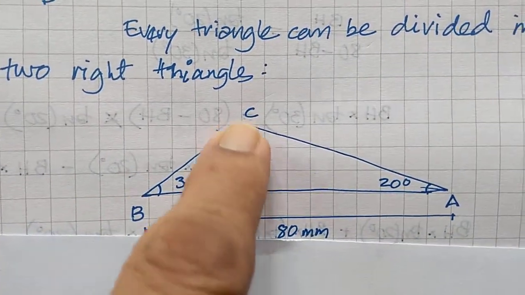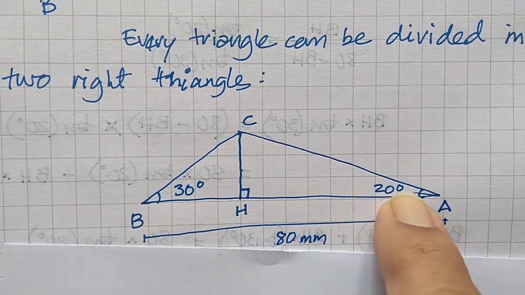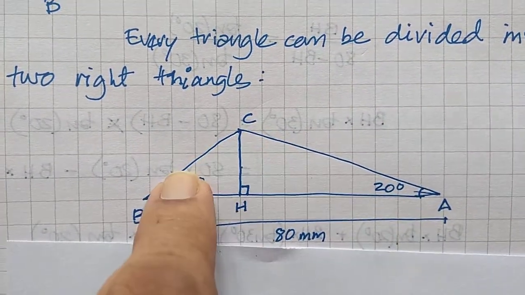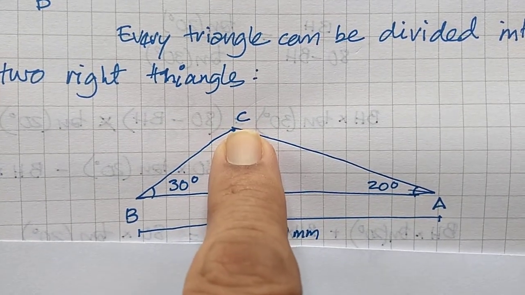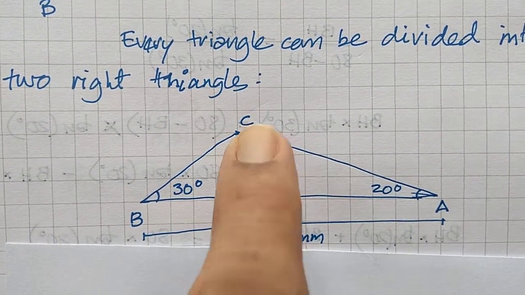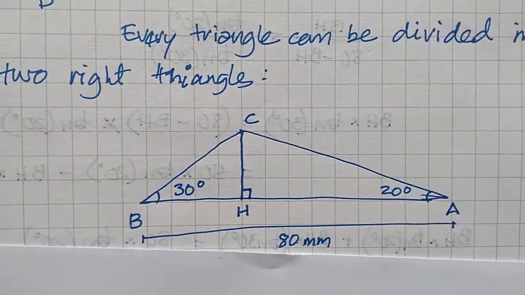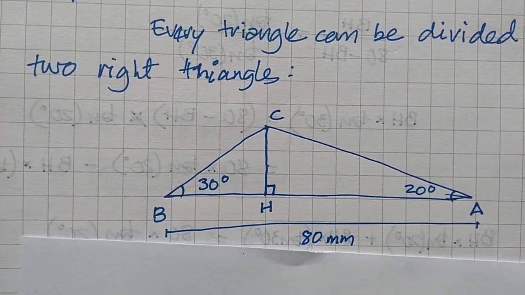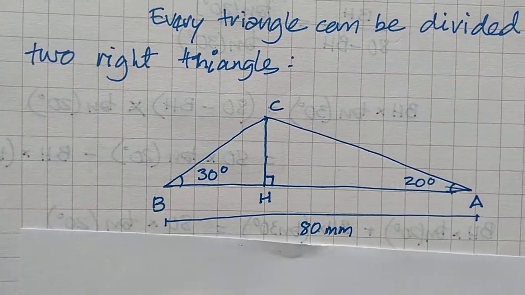So immediately we see that we have two right angle triangles. This triangle had no angle that was right angle. This is 30, this is 20, so this is probably 130 degrees. None of those three angles is a right angle, but now we have divided this triangle into two right angle triangles.